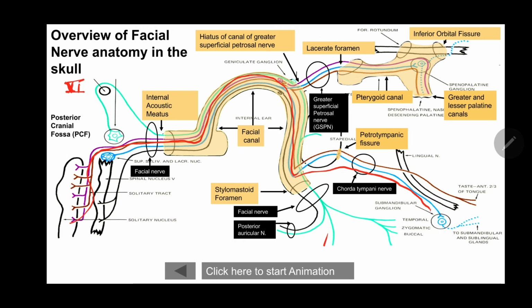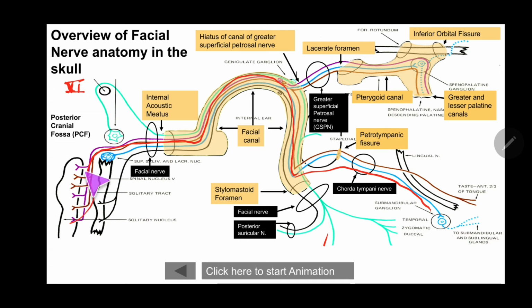Now about the special visceral afferent sensation, the taste sensations. Remember that this greater superficial petrosal nerve was bringing in taste sensations from the palate, right? So taste sensations on the palate are being brought through the greater superficial petrosal nerve, and they will relay in the upper portion. Remember, whichever sensation is special, those are asked to sit above.